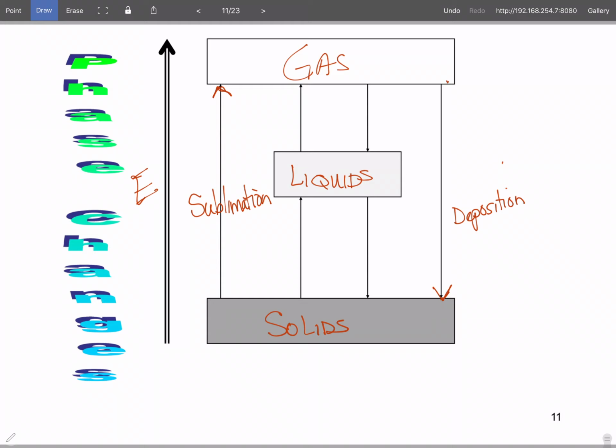Going from a solid to a liquid, we call that melting. Going from a liquid to a gas, we call that vaporization, or evaporation.